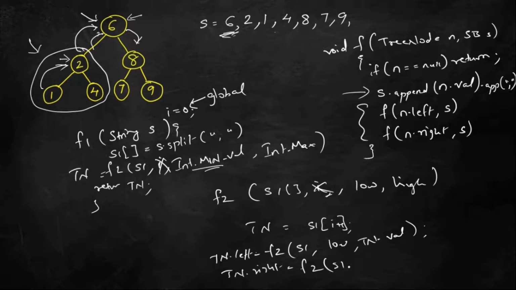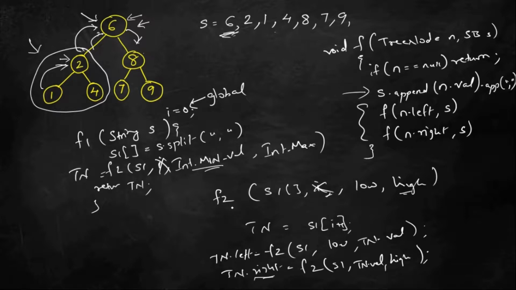Similarly for f2 when I am passing my array, my low, so this is the right node that we are trying to form, right. For that right node the low value will be my current node's value and the high value can be anything, so we will pass whatever was the high value that we got in the function as is. So I am passing the high as is, but the low is now Tn dot val.